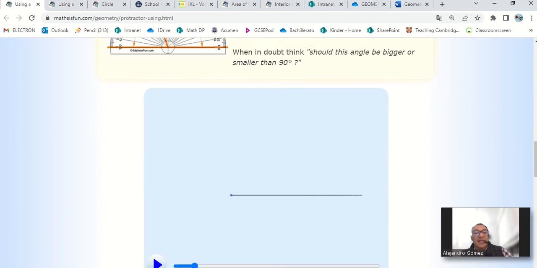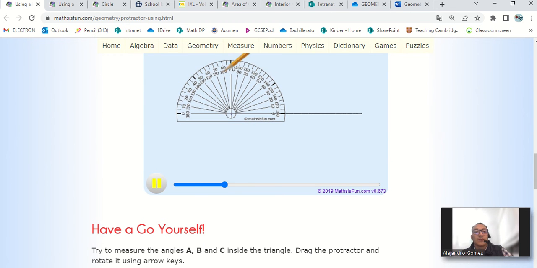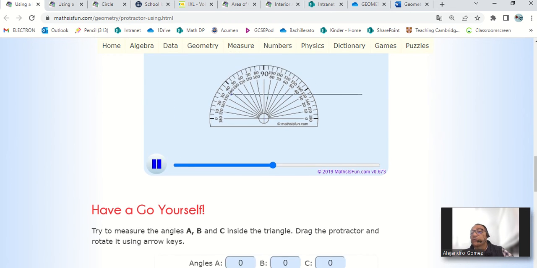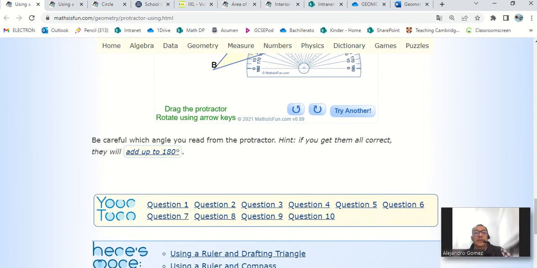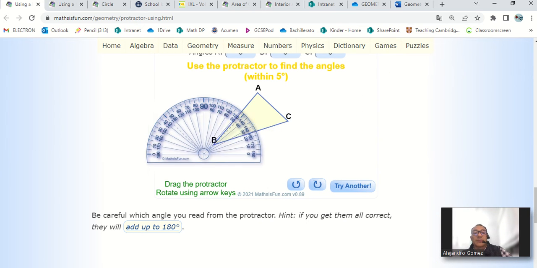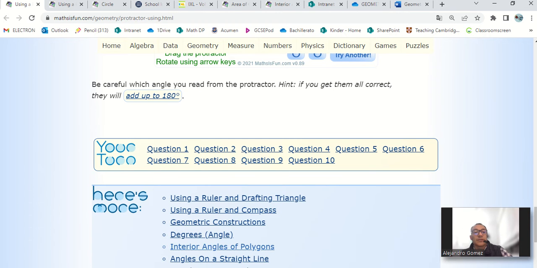It has another animation here for you to construct an angle, as a matter of fact. Here you're measuring one. Over here you can drag the protractor and measure what you need to measure, and it is a very interesting idea. Here you have a bunch of questions for you to try.